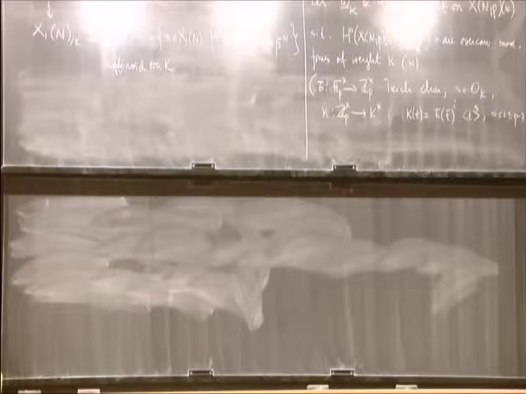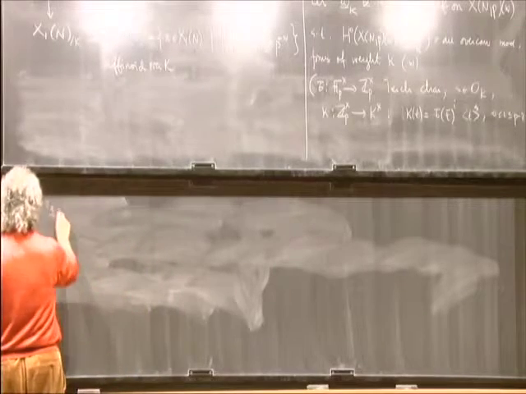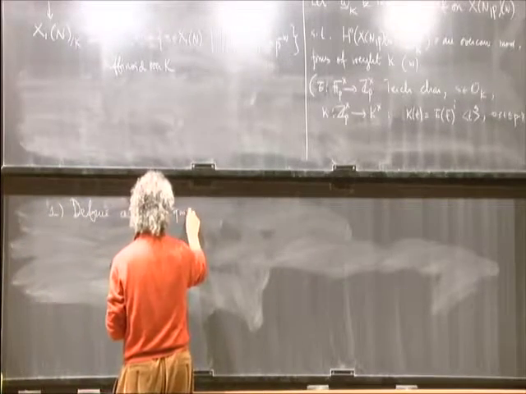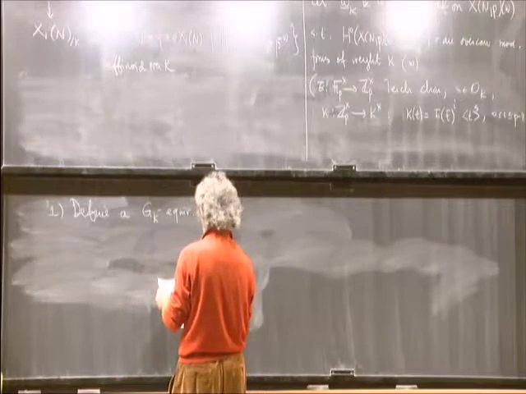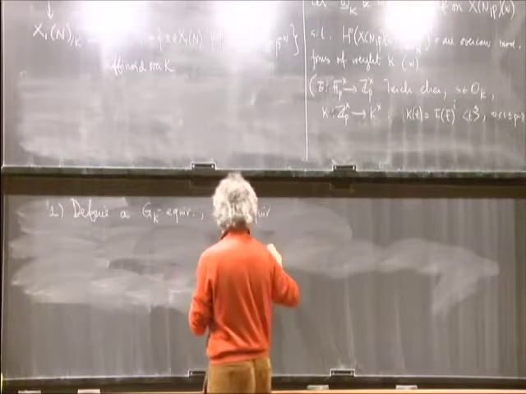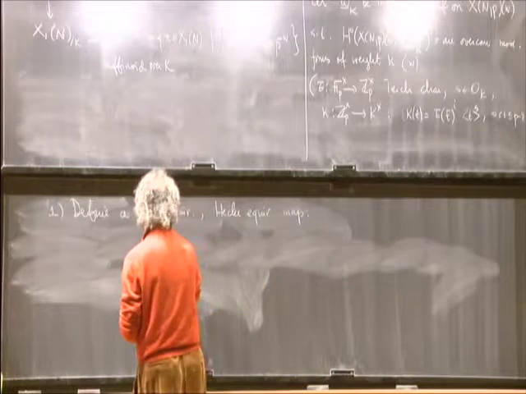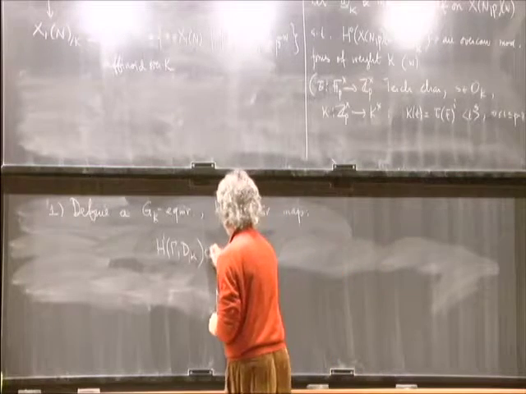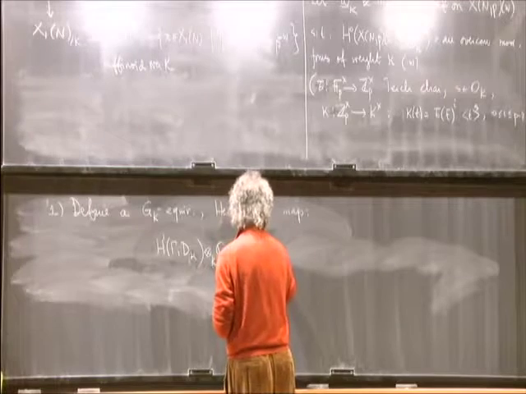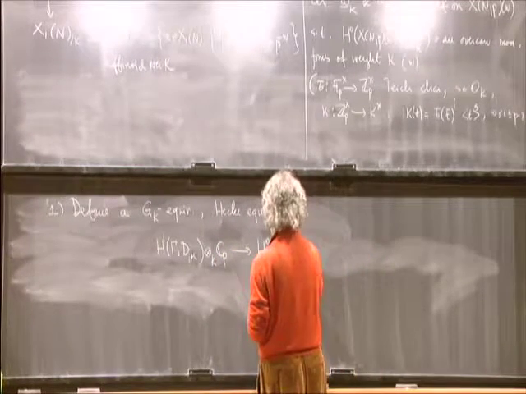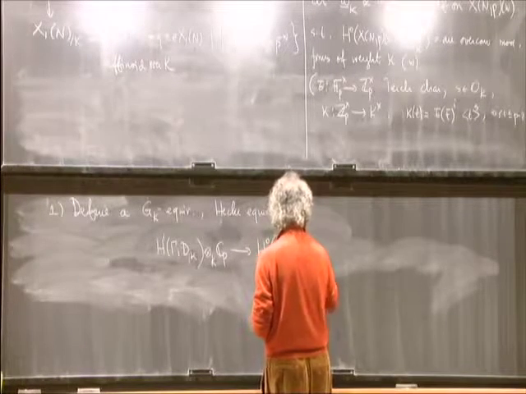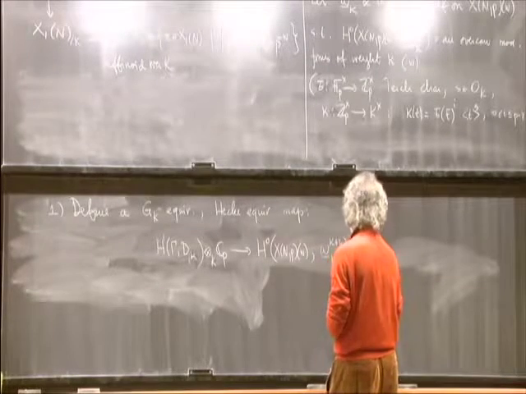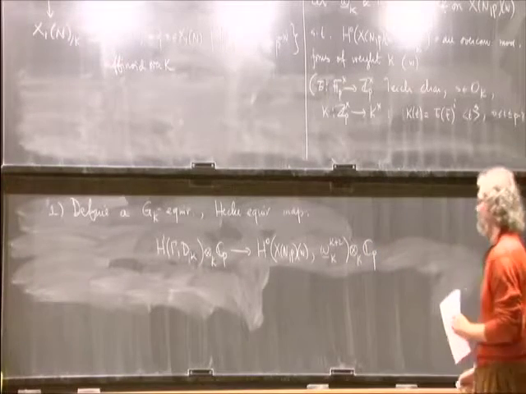So now, what can we do? The first thing that we can do is define a Galois equivariant and Hecke equivariant map, which goes from overconvergent modular symbols of weight kappa, tensor over K with C_p, to these overconvergent modular forms of weight kappa plus 2, tensor over K with C_p as well.